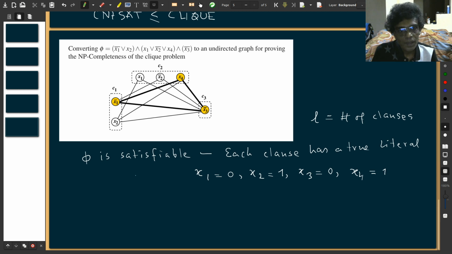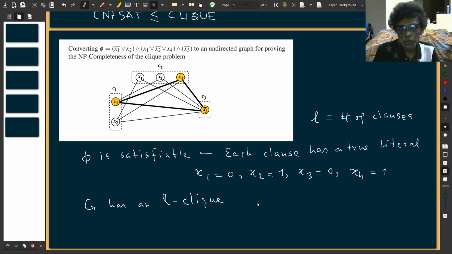Conversely, if this graph has an L clique, then you see that there is no connection within a clause gadget. Therefore, the only way I can choose these L vertices is by picking one vertex each from the clause gadgets, like this. Okay.